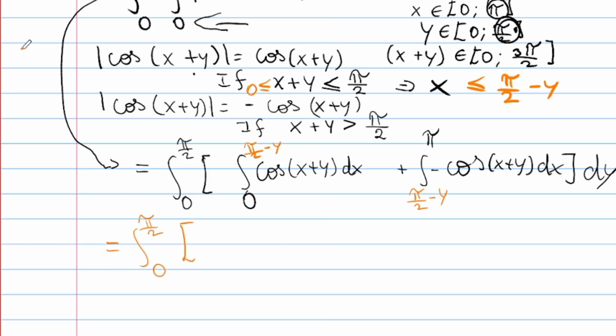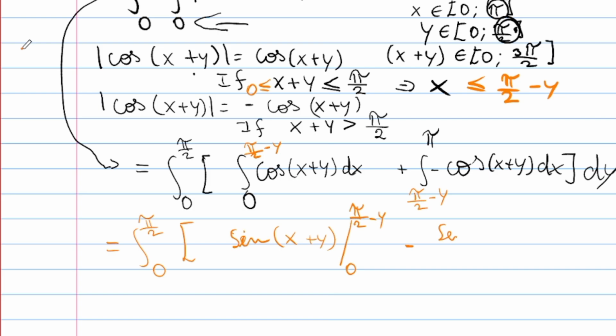It's basic, right? So let's integrate this, and y is constant. As y is constant, we get sine of x plus y. The limit of integration here is pi over 2 minus y, minus the value at 0.